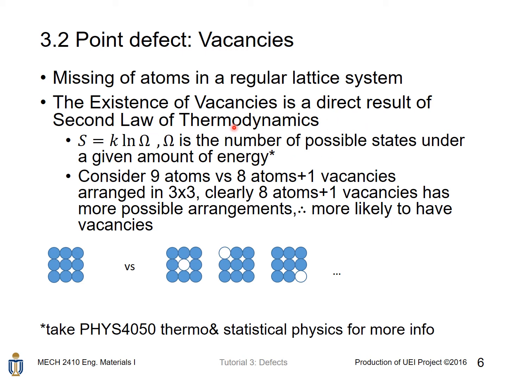As we know, the entropy of a system tends to its maximum value, and that's the thermodynamic evidence why vacancies must exist even in materials. That's why it is more likely for a material to have vacancies than not have any vacancies at all. If you want to know more about this statistical physics, you may take Physics 454, which is thermal and statistical physics.